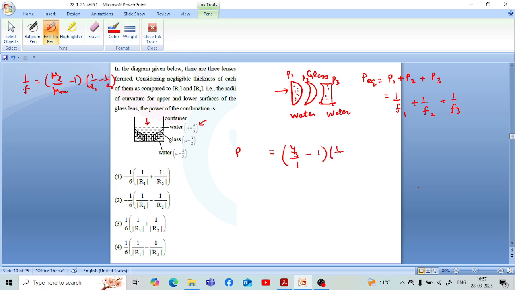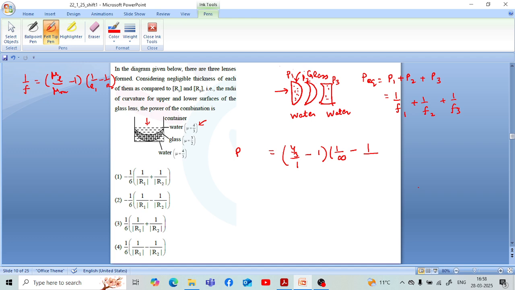Now here the radius of curvature of the plane surface on which the rays are incident first is infinite, since it is plane. So 1 upon infinite minus 1 upon the curved surface of the first water lens.